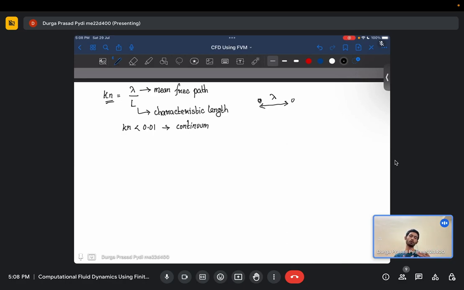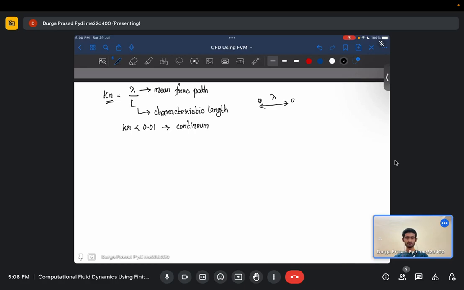Now if you go from gases to solids or liquids, where you do not have that much mean free path, when you consider just a solid where particles move about their mean positions, the mean free path will be very small. In that case your length scale can be even finer, so you can go less than a millimeter, up to nanometers or micrometers, and even then your continuum hypothesis will be valid.